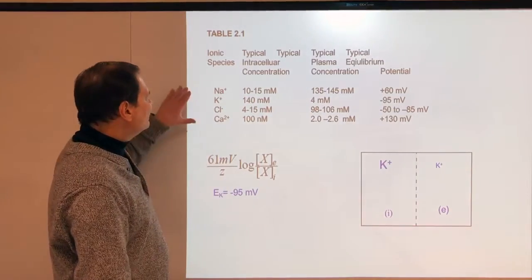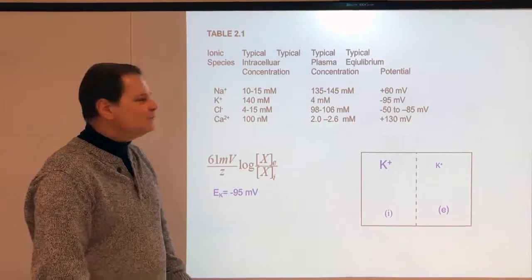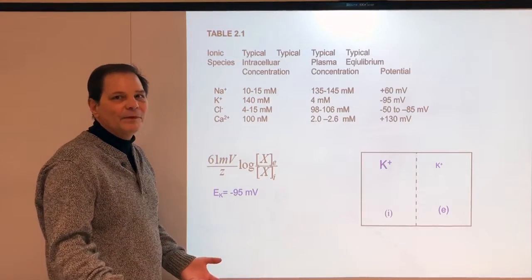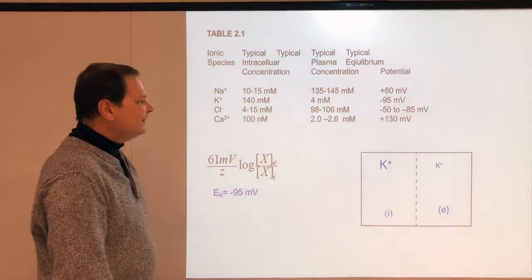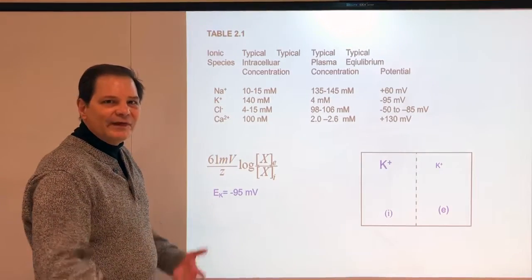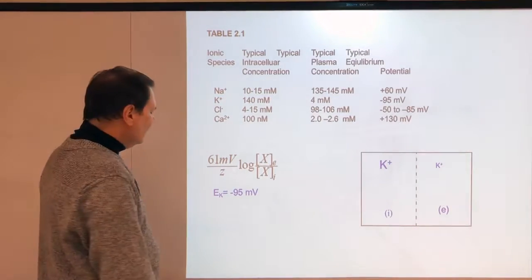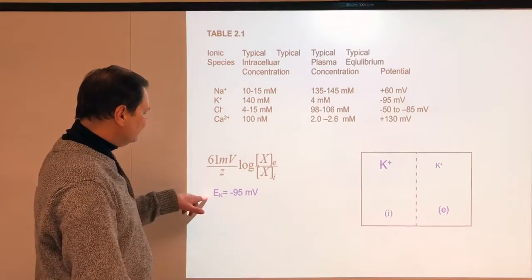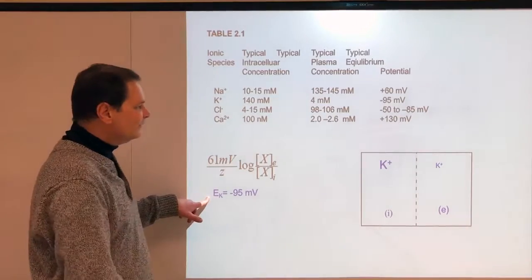By the way, you should be familiar with these concentrations. You should not memorize them, but you should be able to recognize grossly abnormal values. You should at least have a feel for them. You just have to be familiar with the general concentration ranges. If you plug in those concentrations, you should get roughly -95. I haven't checked the calculation, but that's where it should come to.